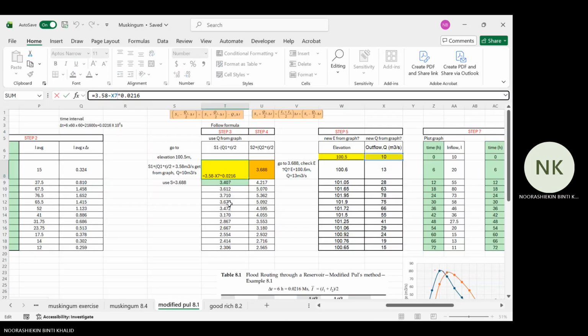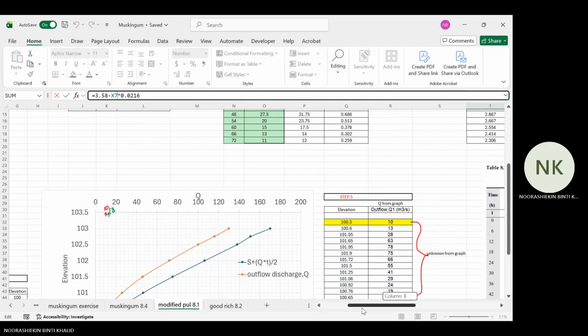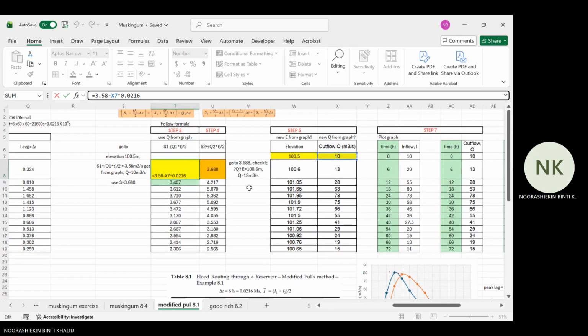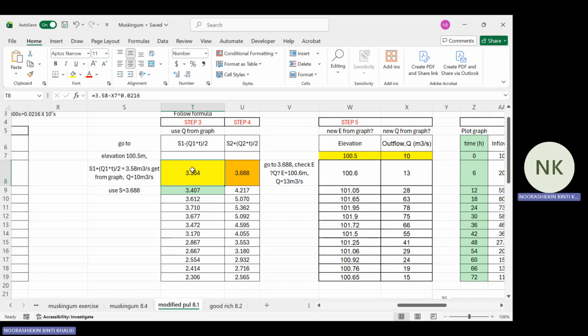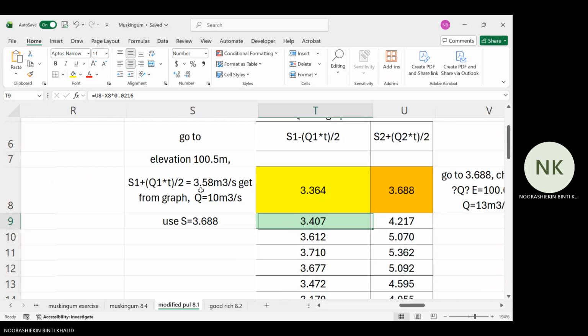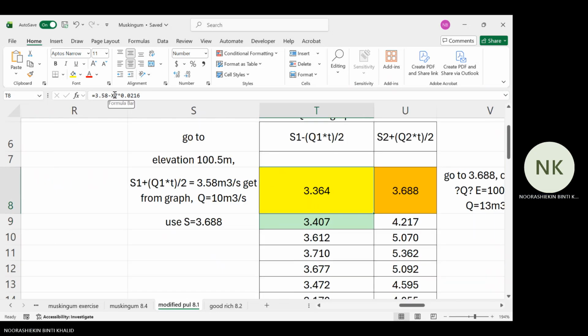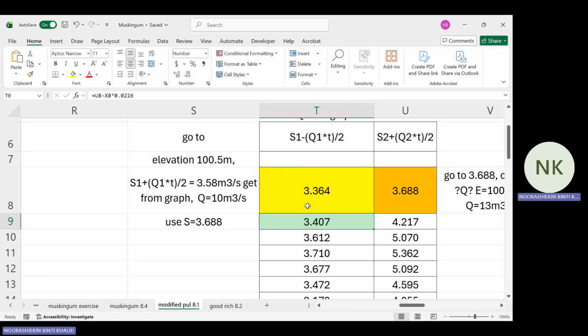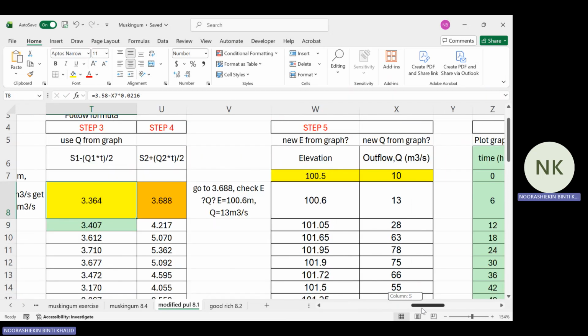Minus Q. I got 10 because of 100.5. Q is 10. So I minus Q times T. Then got this value. Add. So this one Q times T. So I got this value, 3.36.